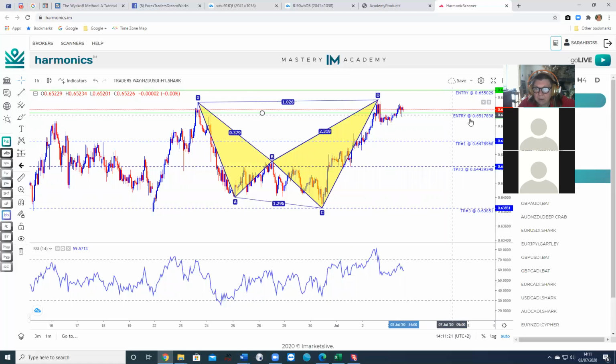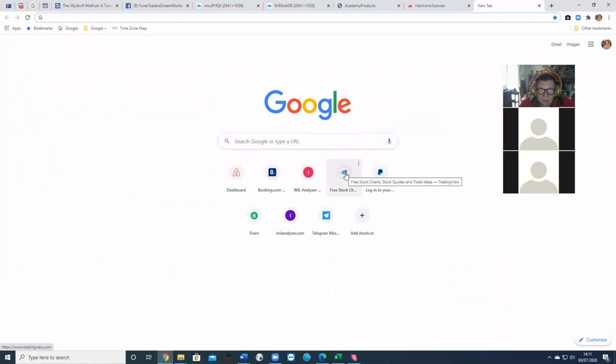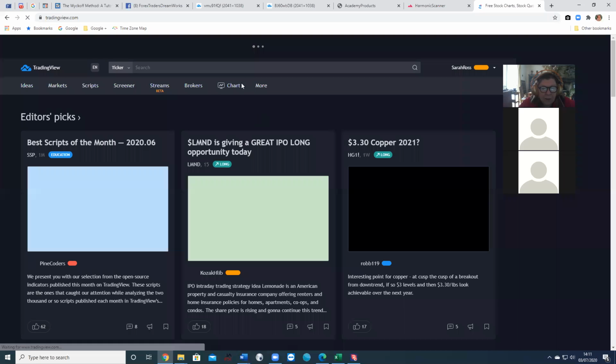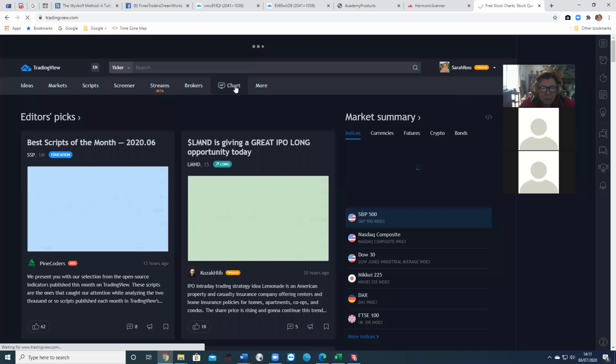We only enter when price is at the second entry point. Shark is the only pattern which has 2 entry points, or when price is at least 50% towards take profit 1. So we'll just come over to our TradingView and pull that chart up on my TradingView.